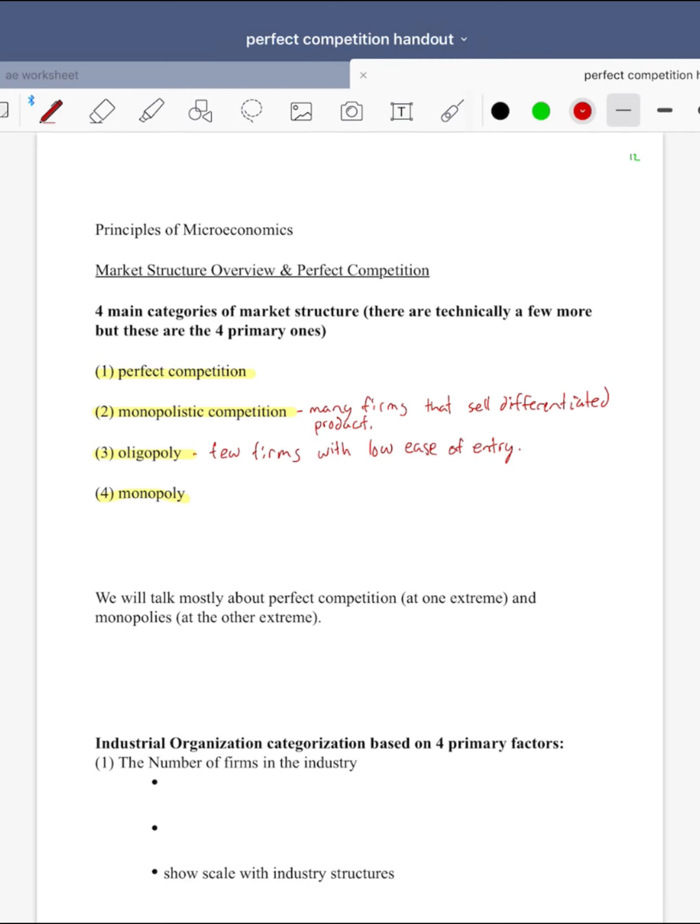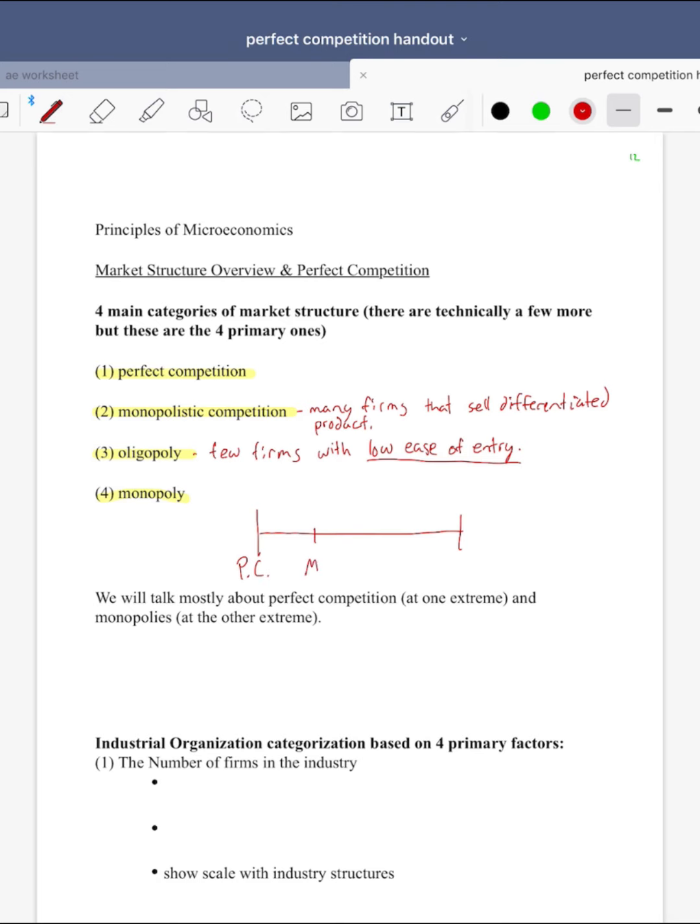That could be car manufacturers, like Ford or Chrysler. There are a few of those firms, and they can sell identical or differentiated products. You might believe that one car is better than another. And once again, it's not going to be easy to enter these markets.